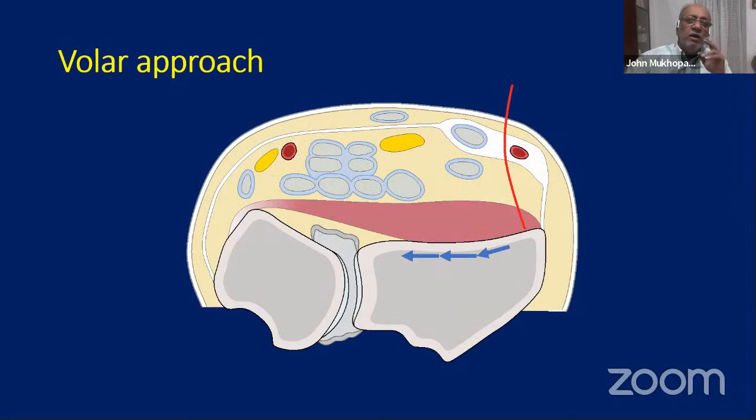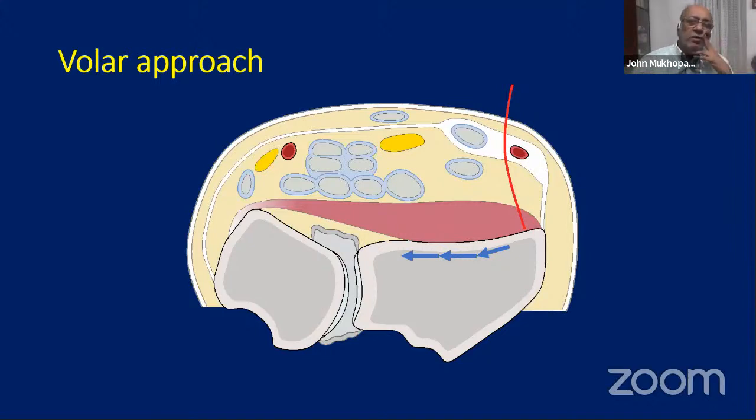And so this is important, and we've discussed that in a little more detail. So the volar approach is fairly standard. You go in the plane just lateral to the vessel between the flexor carpi radialis and the vessel, and then you dissect out the pronator teres from the radial side across to the ulnar side.